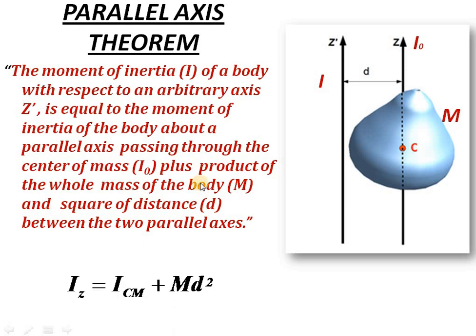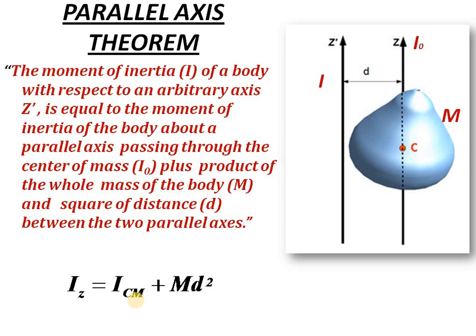That is what we said earlier: Iz equals ICM plus M d square. In many books you can see I0 instead of ICM; to designate it specifically we use ICM. So it is quite easy to memorize. I hope the idea is clear.